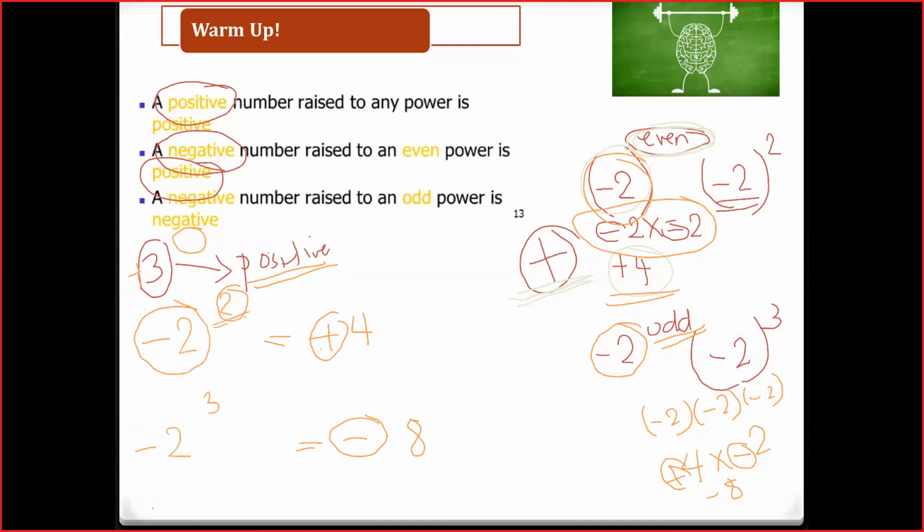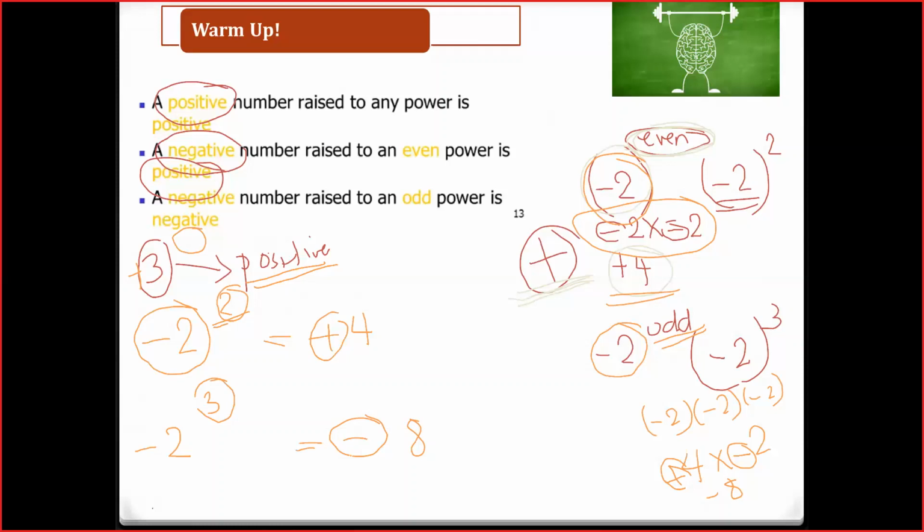And if I have a negative number and the power is odd, the answer is going to be negative. Did you understand now? All of you? Or do I have to repeat? Okay, I will repeat.